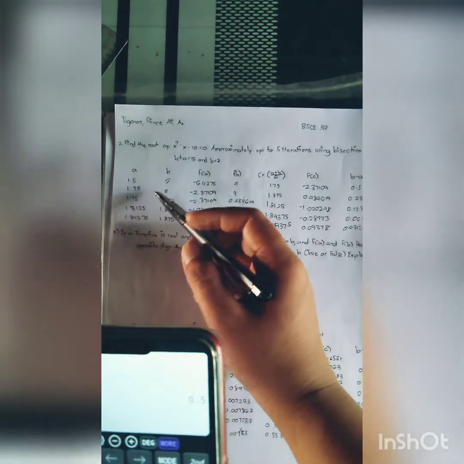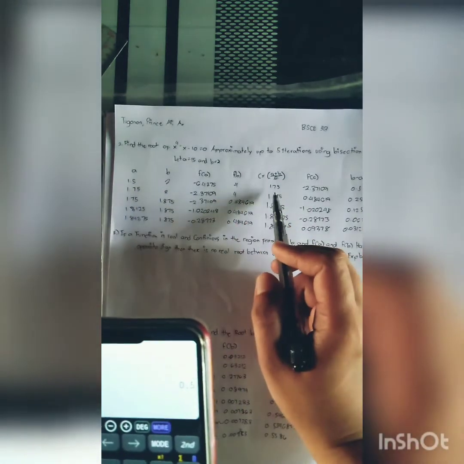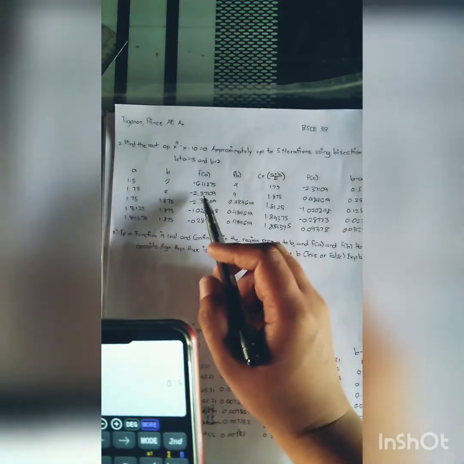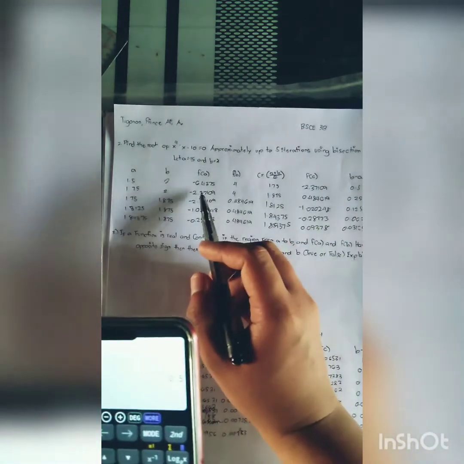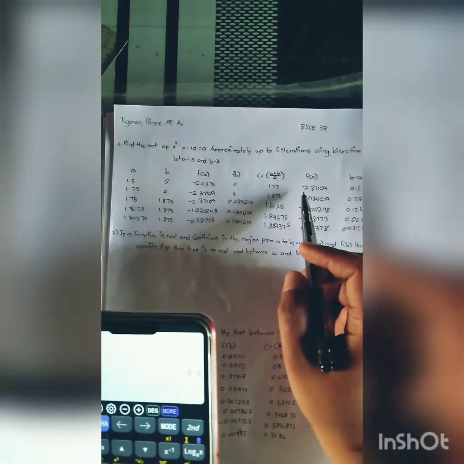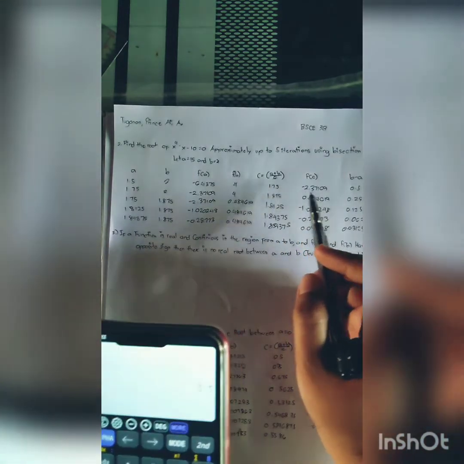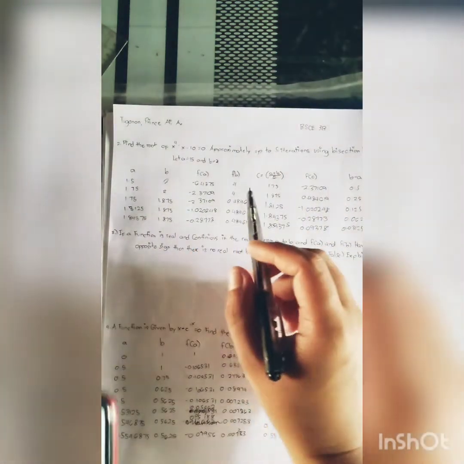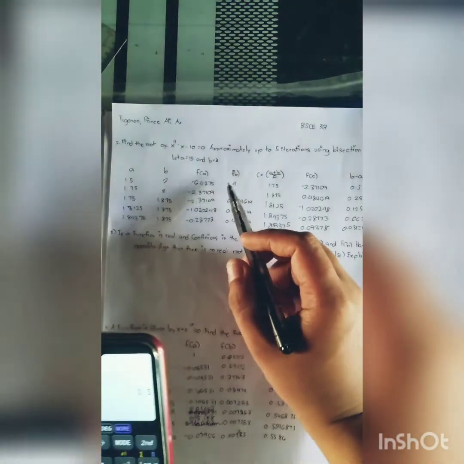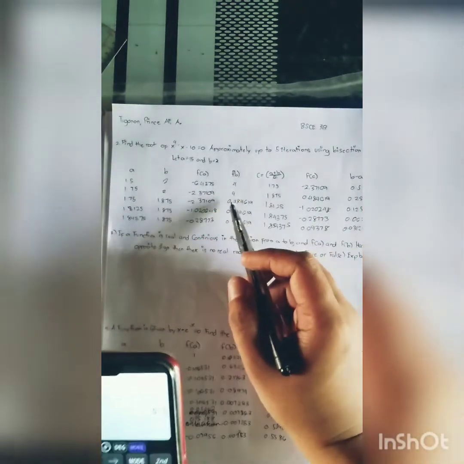So if the value of a is c, then the function of a is the same as the function of c. So copy negative 2.37109, copy the function of a. Then the function of b remains the same, so copy 4.